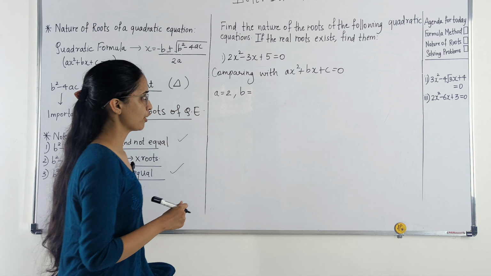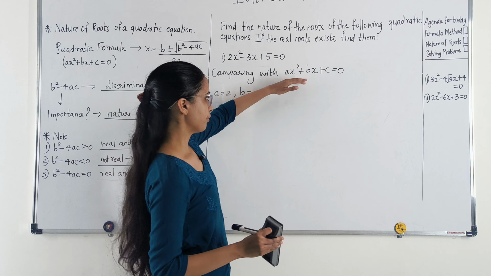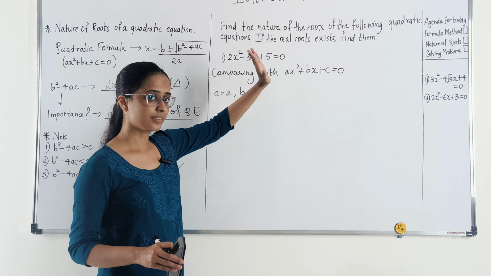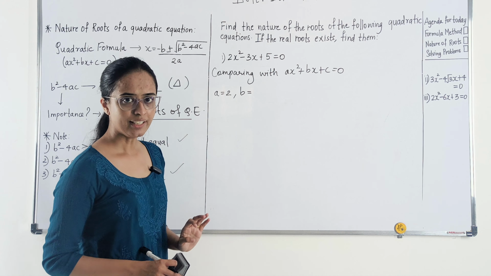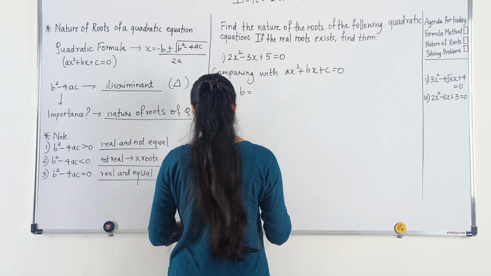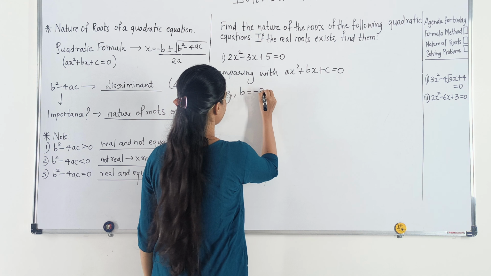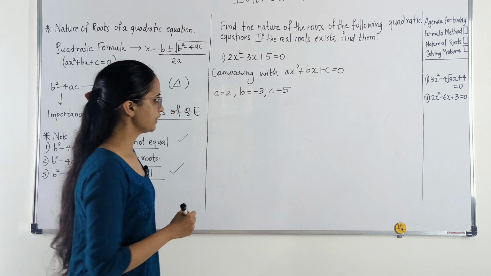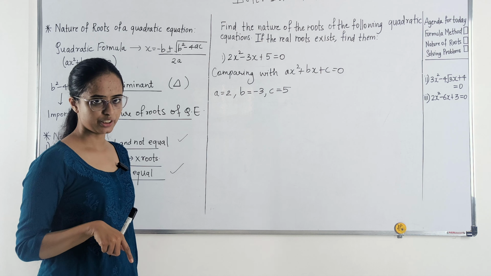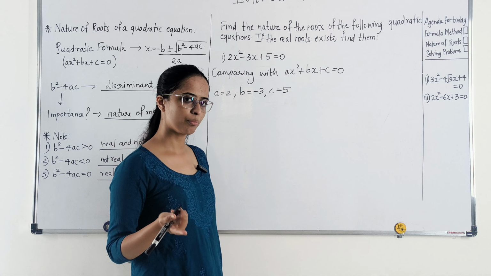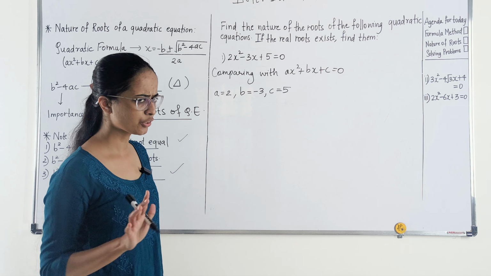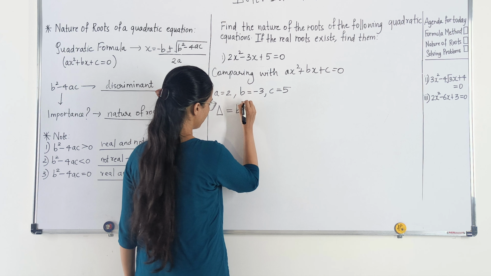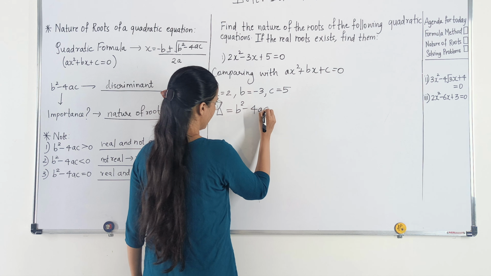Now be careful, this is an equation where all the signs are positive, so you have to consider the coefficients along with their signs. So here the value of b in this case is -3 and the value of c is 5. Now let us use these values to first find the nature of the roots. If they are real we will find the roots, if not we will stop our solution there itself. So delta in that case would be b square minus 4ac.